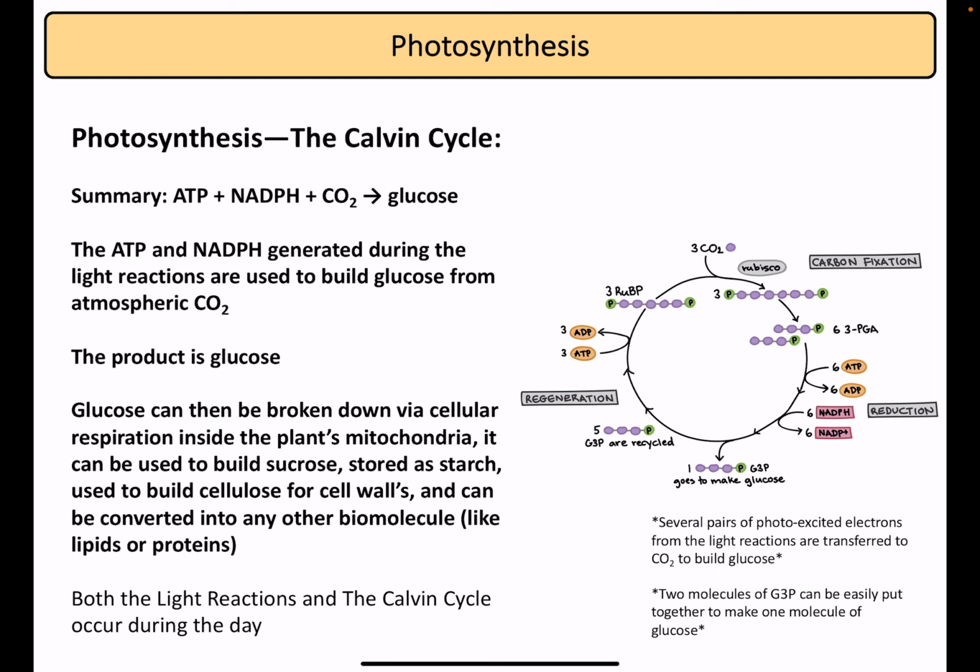If you remember back to my initial diagram of the chloroplast, this is occurring within the stroma, which is the compartment or the space that surrounds the thylakoid membrane, but is inside the inner membrane. So this is occurring in the stroma. Why are we doing it? Well, we're doing it to produce glucose, to produce food, which is the reason that we're doing all of photosynthesis.